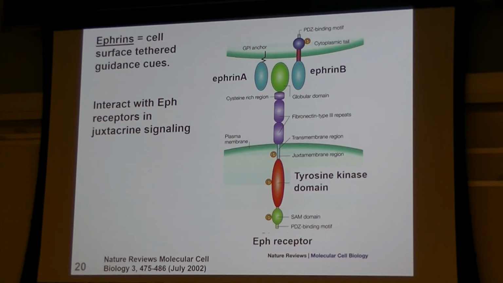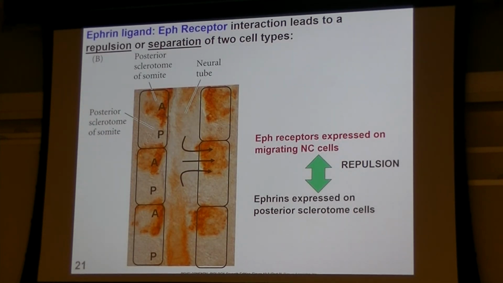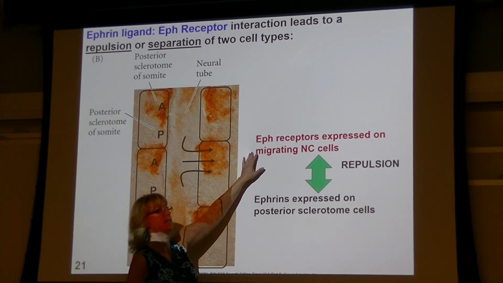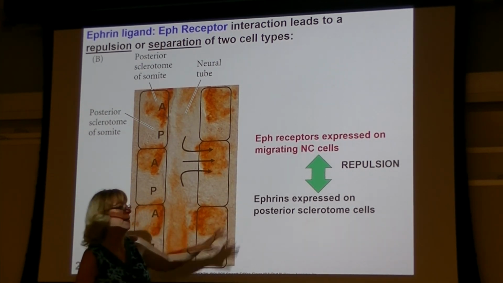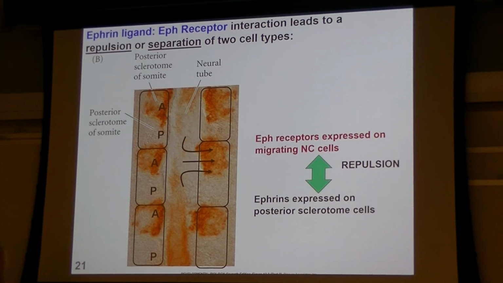So if the ephrin receptors are expressed on the neural crest cells, and the ephrins in the sclerotome cells, this gives rise to the repulsive nature, and those neural crest cells will move away from that territory. So that's an example of a negative cue.